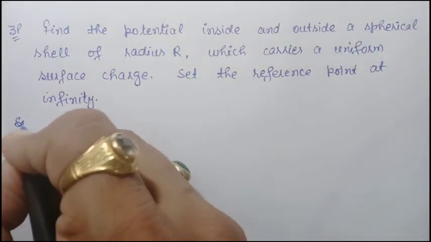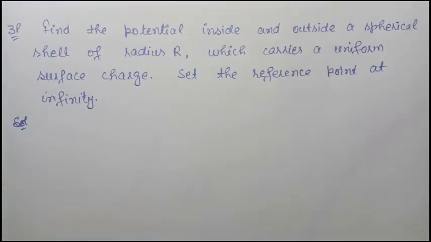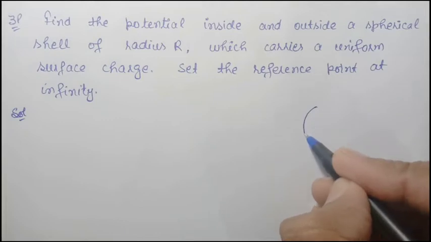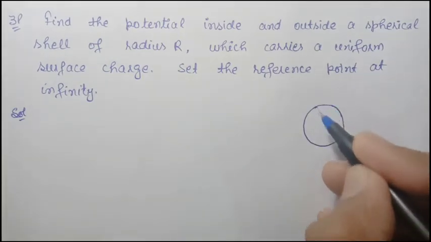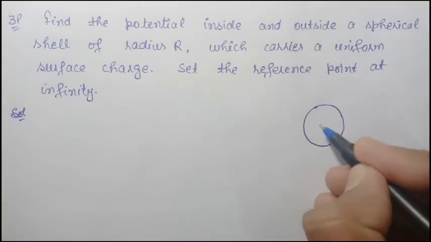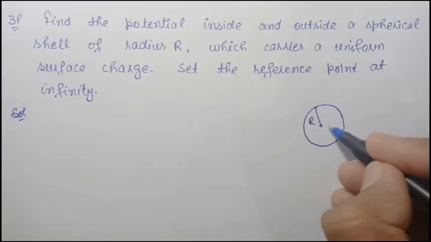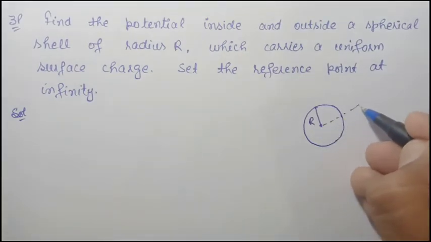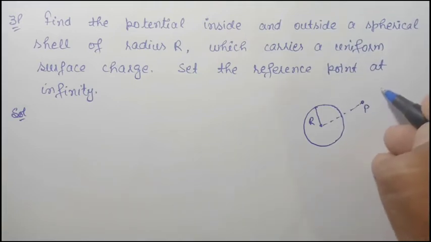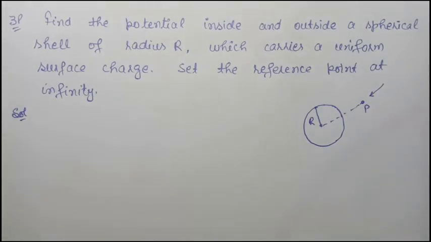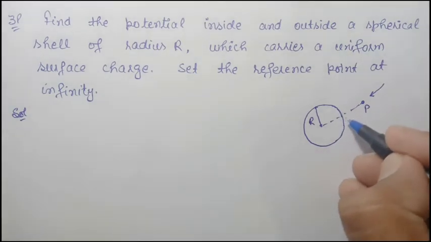So, the first point is, as per the problem, here we have a spherical shell and the radius of the spherical shell is R, and we are interested in finding the potential at point P, and the reference point is infinity. Okay, and this distance is small r.